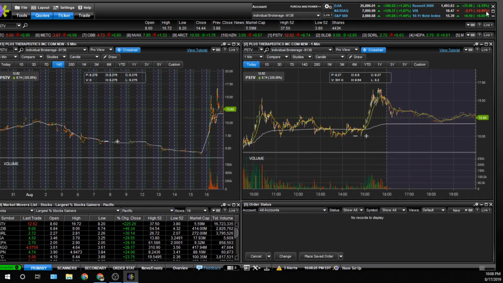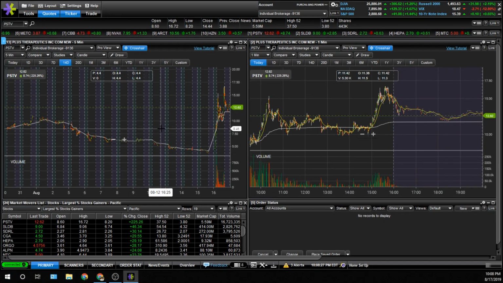So this is what my main E-Trade page looks like. Now you just have some stocks that are running along here that are going up and down in the market, and this is from the close of Friday. Here's what the overall market was looking like on the close as well.